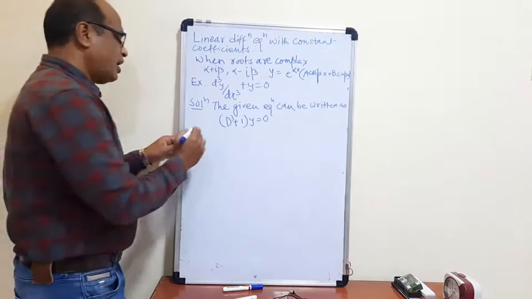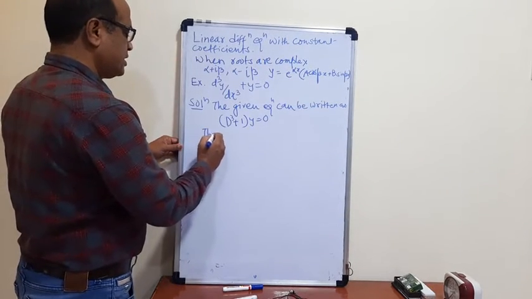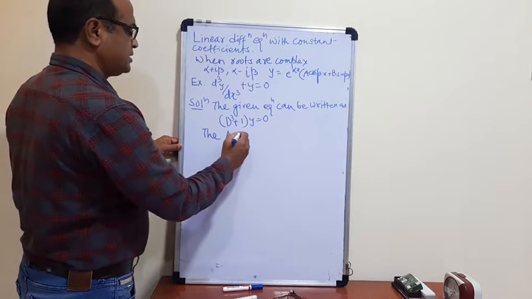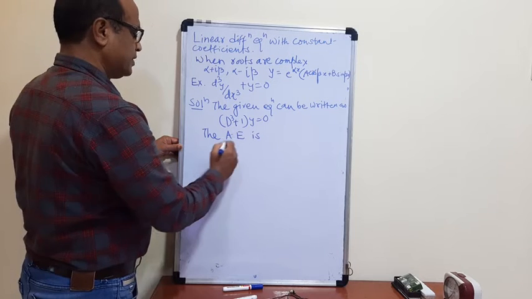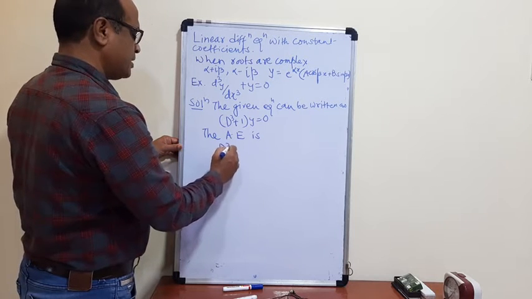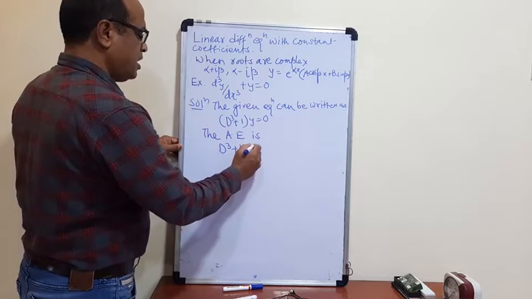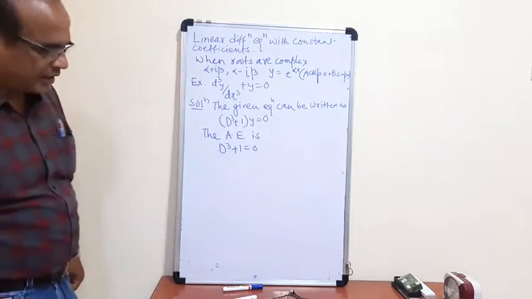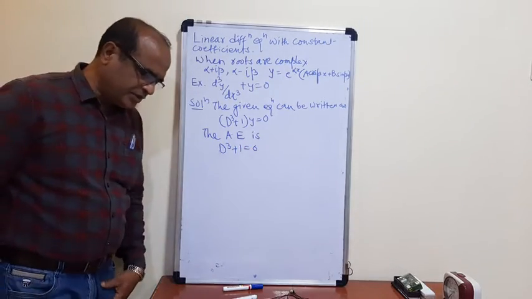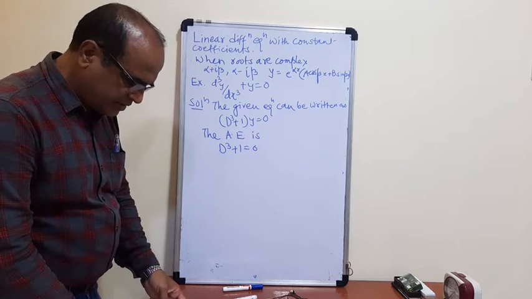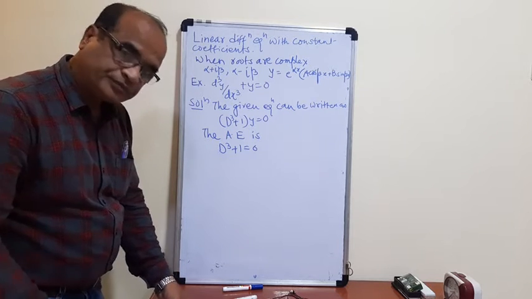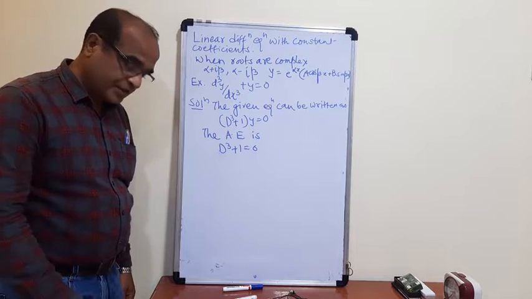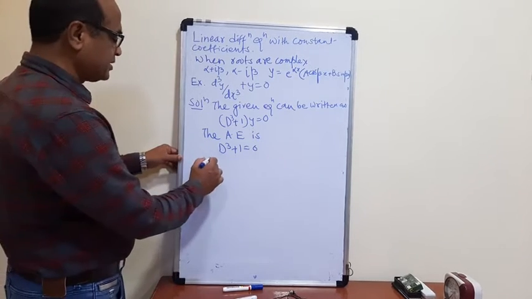So what is the auxiliary equation? The auxiliary equation is d cube plus 1 is equal to 0. This is a third degree equation. So we solve this equation and find the roots of that equation. What are the factors of this equation?